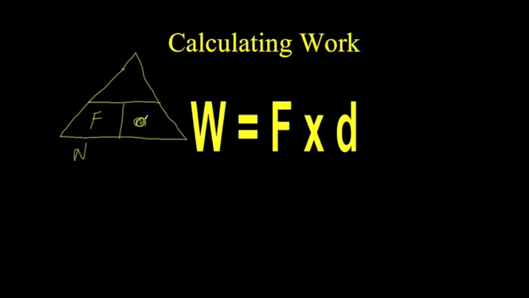So work is going to be measured in a Newton meter, which we also call a joule. Okay? So just for the record, we're going to be measuring work in joules. And a joule is equal to a Newton times a meter, or a Newton meter.